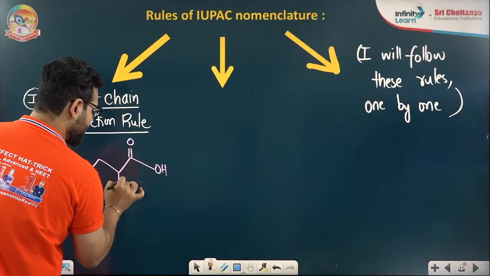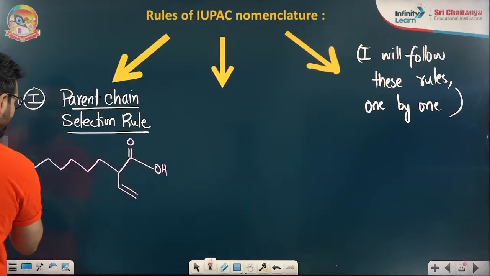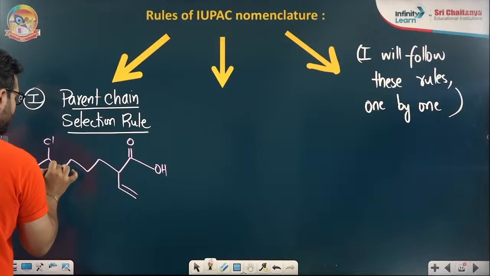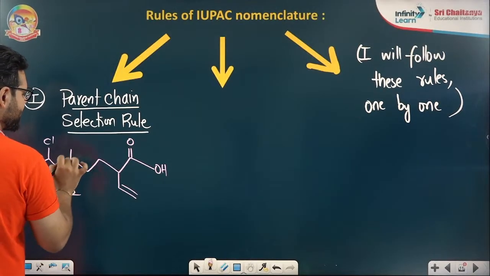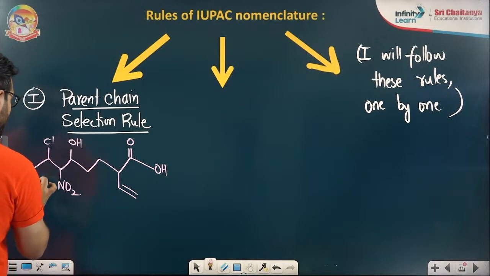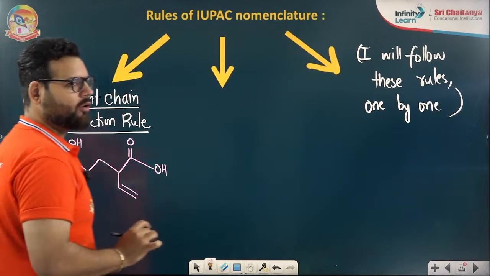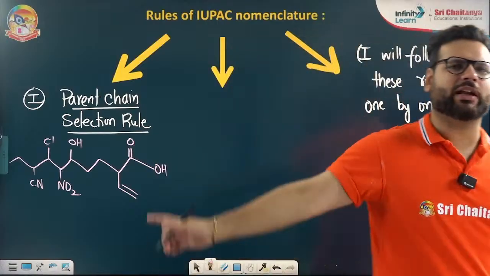Can you tell me here how many carbons are coming in the parent chain? If you correctly select the parent chain here, can you tell me the number of carbons?